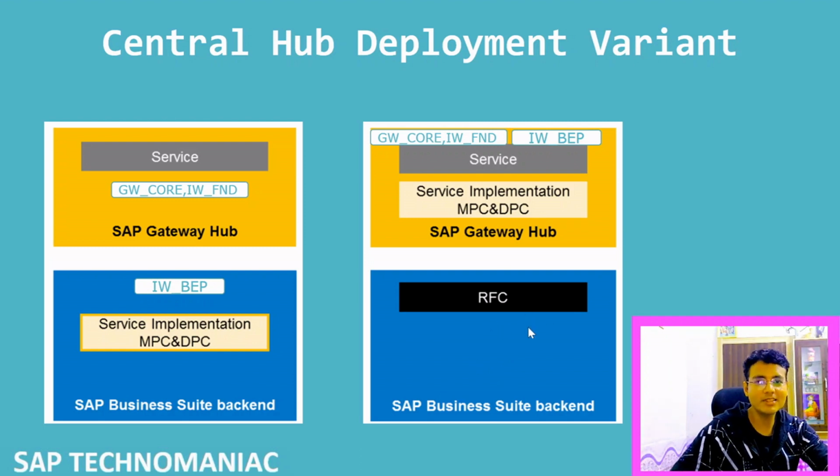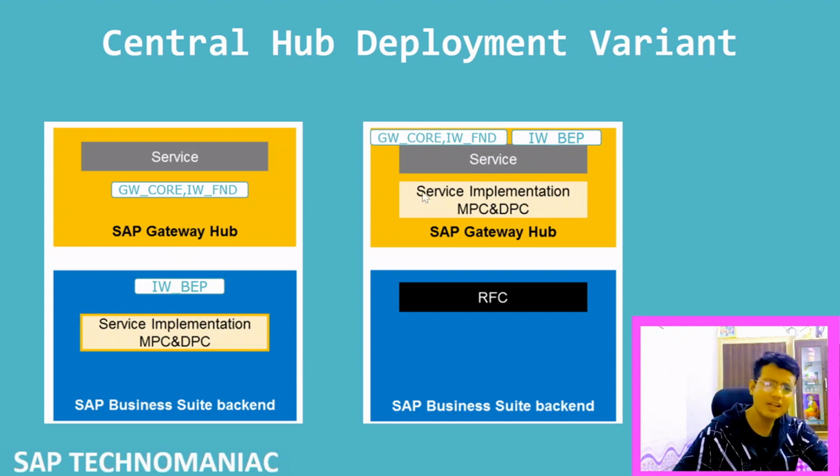So what is the disadvantage in that? Obviously, data will not be available, meaning those DDIC structures and all will not be available in this system. We have to create them separately there and separately in this system. That is very difficult to do. Somewhere I saw some companies doing this: they create the RFC function module and create the SEGW in the gateway hub system instead of the backend system.